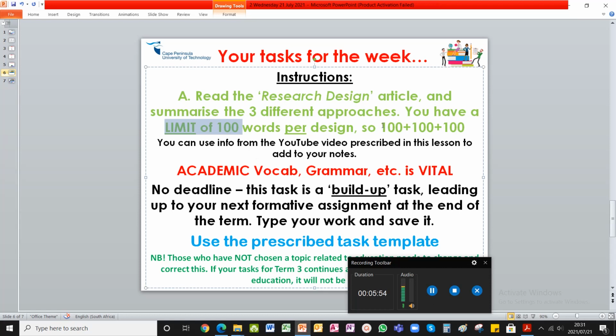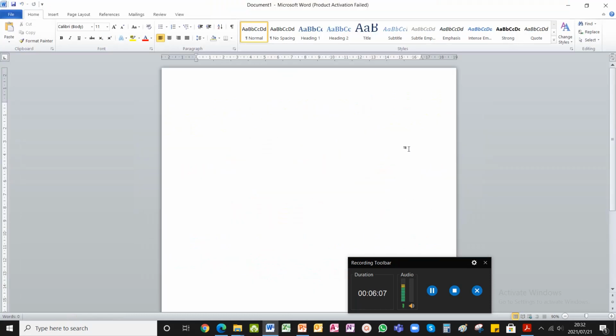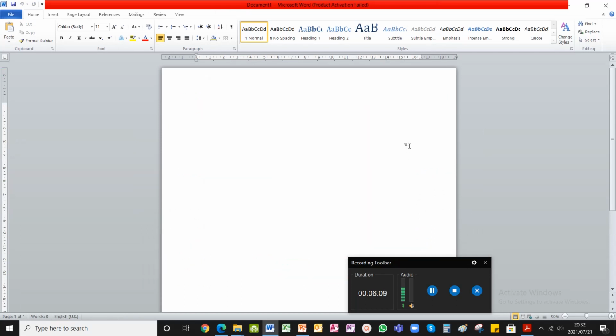Right, so you've guessed it. Your full task is 300 words. You should divide your task into 3 paragraphs, each with a subheading. So when you open up your document and you are going to type your work, your first one will be a subheading, qualitative method, and here you will tell me what qualitative method is, and here you have a limit of 100 words.